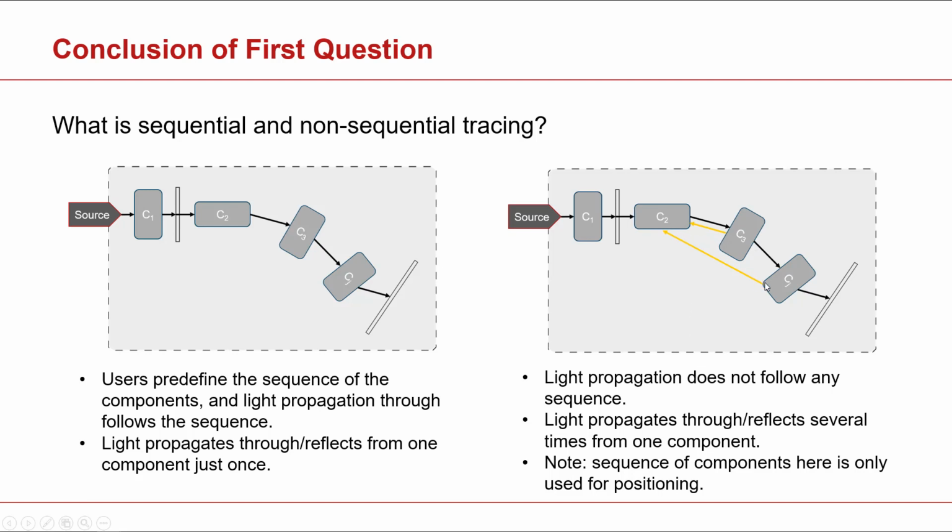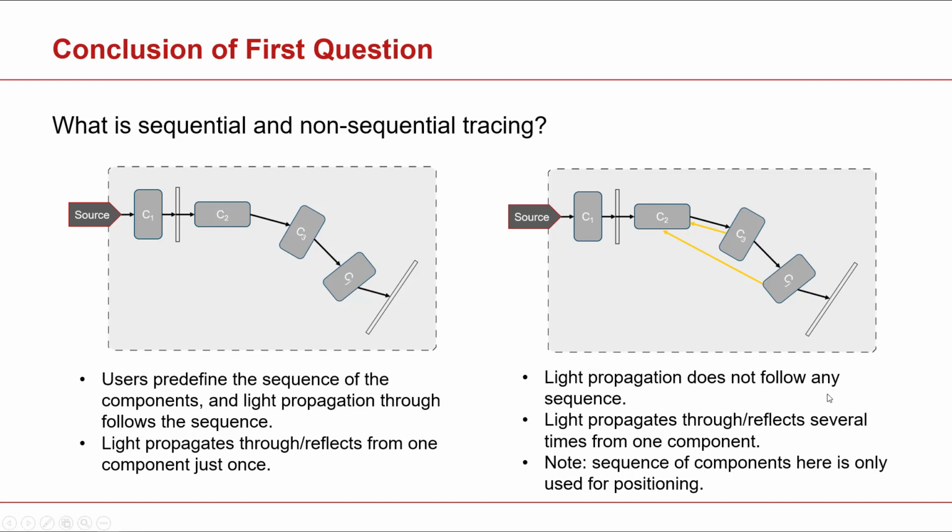Light defines itself which is the next component it will go to. Generally, light may propagate several times through or reflect from one component. But note, here we can also see some sequence of the components. This sequence shown here is only used for positioning. You will see some examples later.